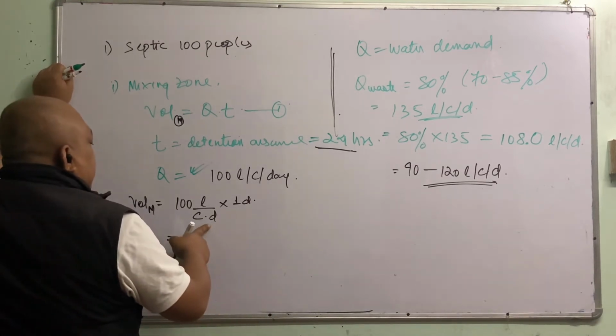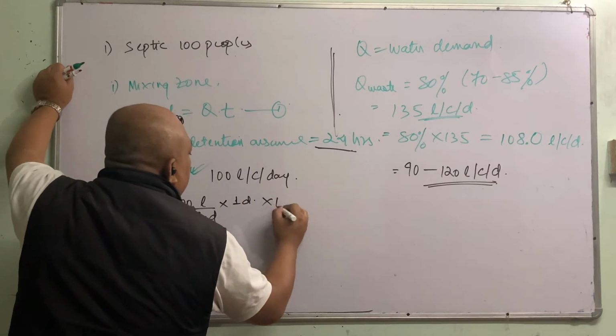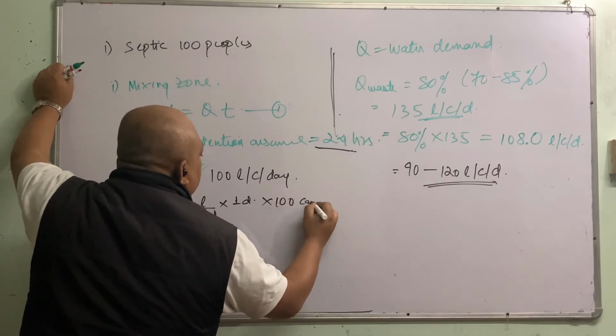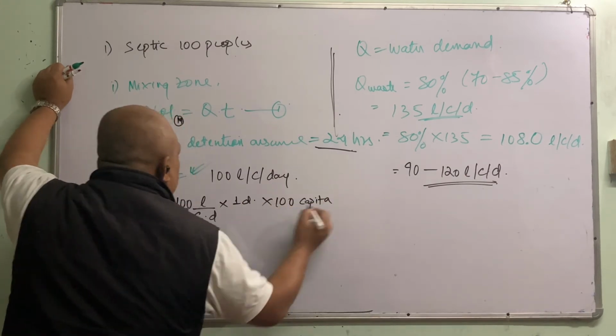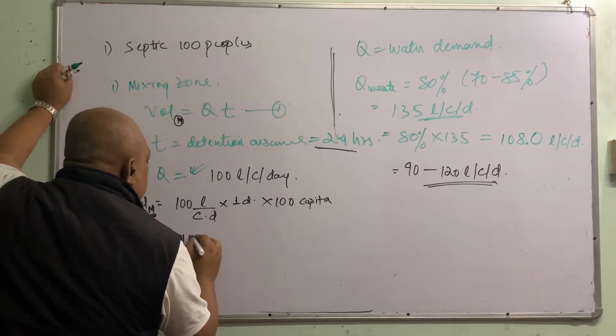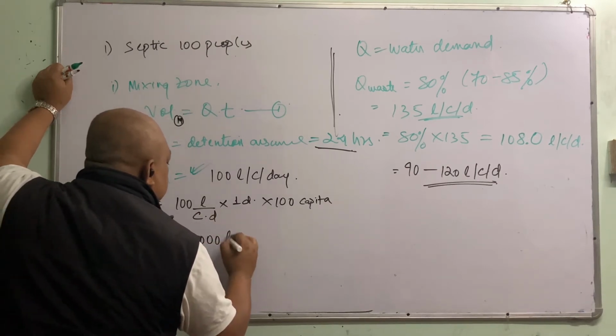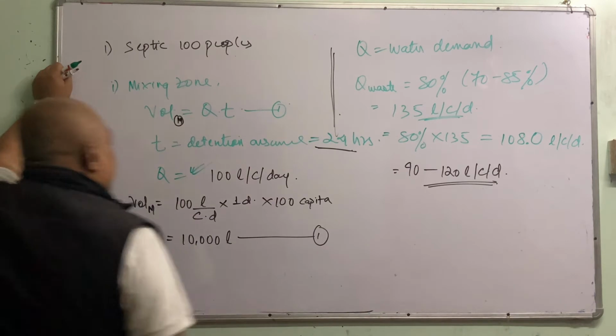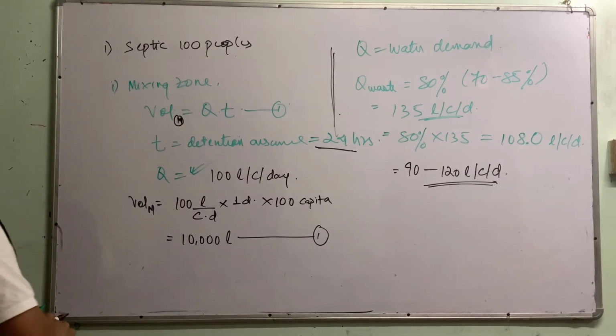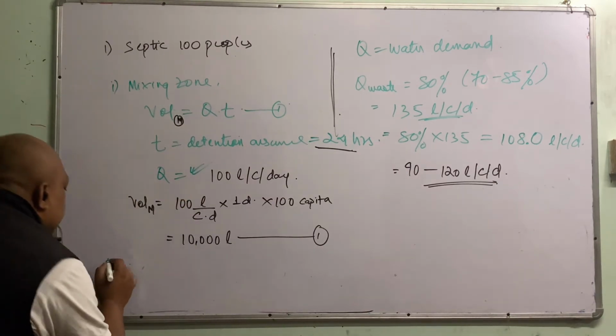Into 100 capita, that is 100 persons. So this becomes 10,000 liters. Number 1. So the one volume is fixed.